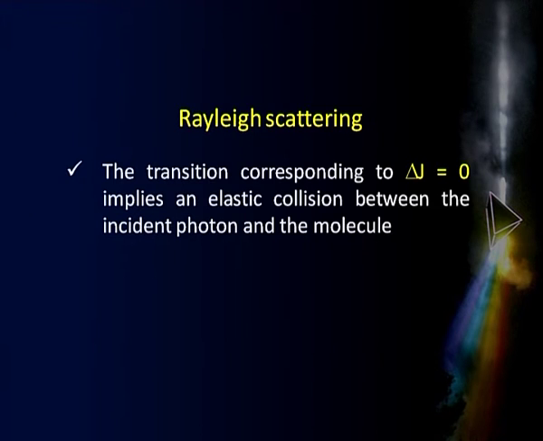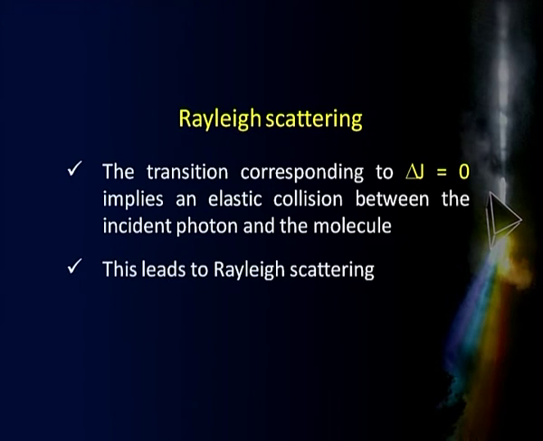So, having learnt about the prerequisite to observe rotational Raman spectrum, let us see, if I make radiation interact with the molecule to measure the rotational Raman spectrum, what kind of spectra do I get there? Now, we know that our selection rule is delta J equal to 0 and plus minus 2. If the transition corresponds to delta J equal to 0, that implies that there is an elastic collision between the incident photon and the molecule, and this will give rise to Rayleigh scattering.